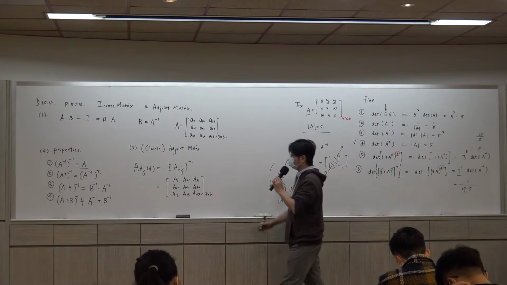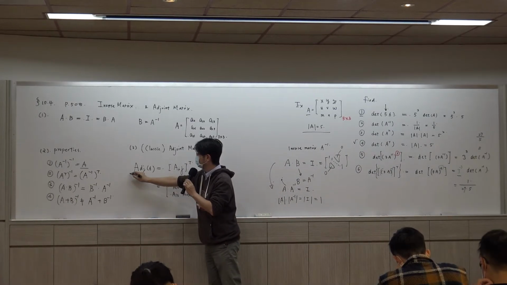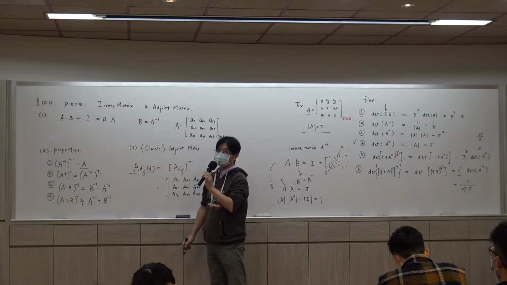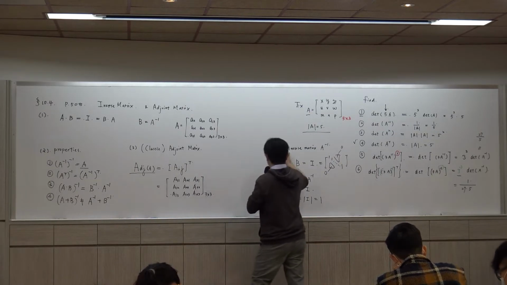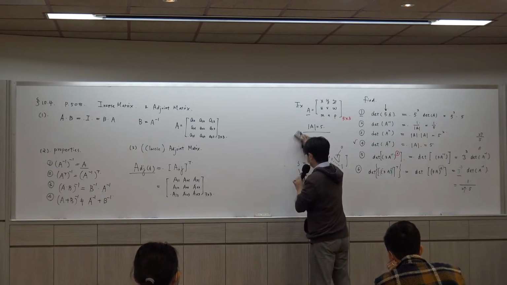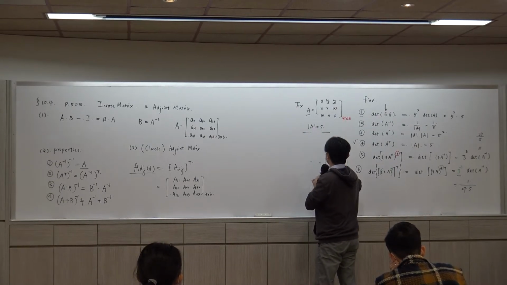Okay, the reason why we need the adjoint matrix A is because of a very unique property.